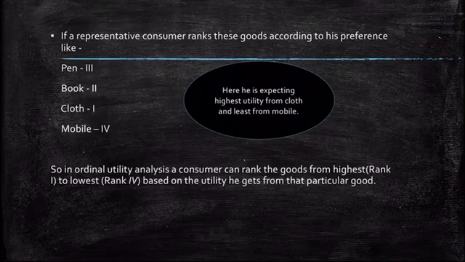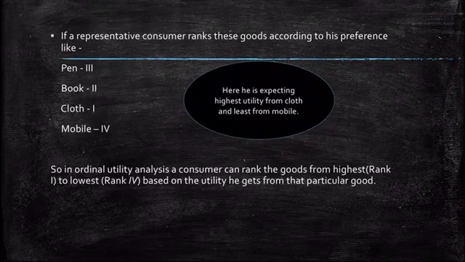Out of these four goods, he has given the highest rank, that is first rank, to cloth. He has given second rank to the book, followed by pen and mobile.